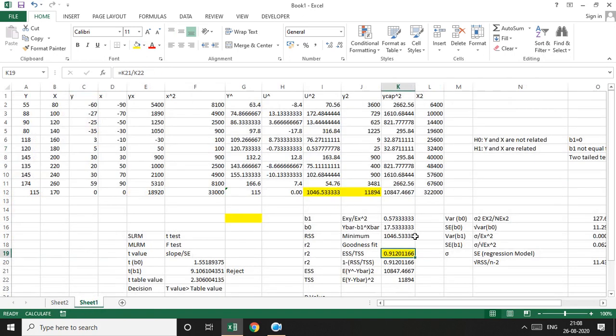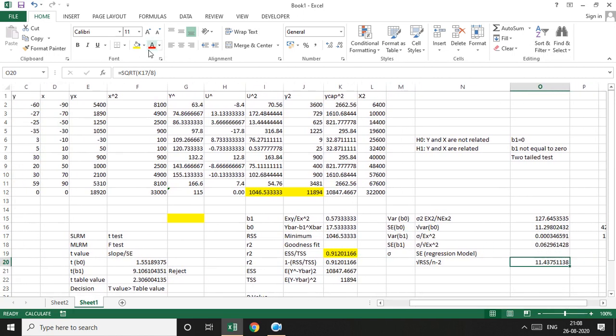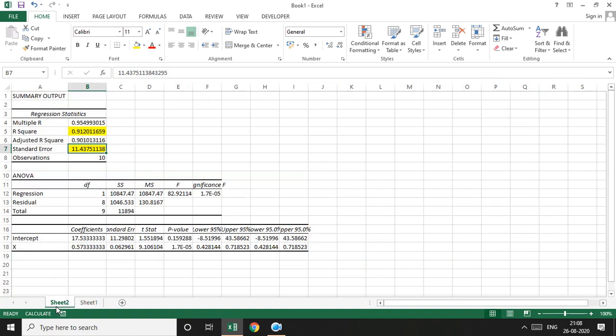Yes, 11.43. Now observations 10. Then this is nothing but the correlation between y and x. That's not important for us.